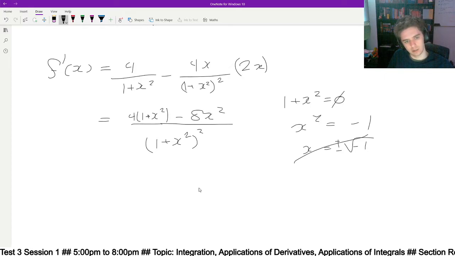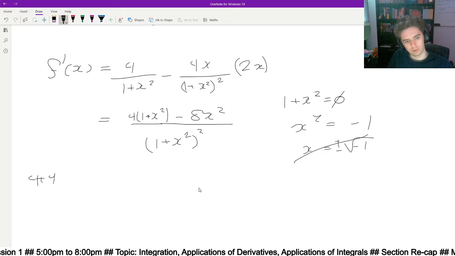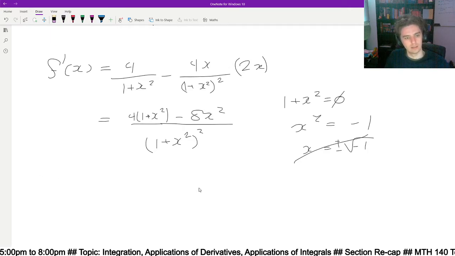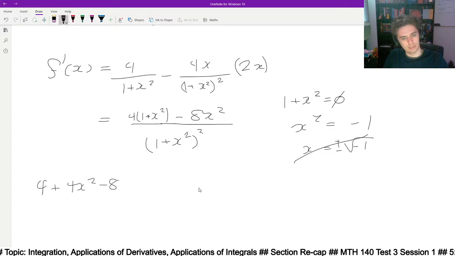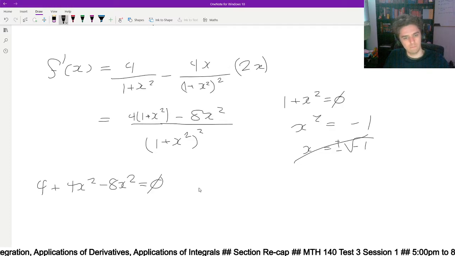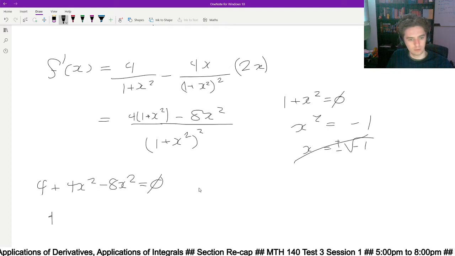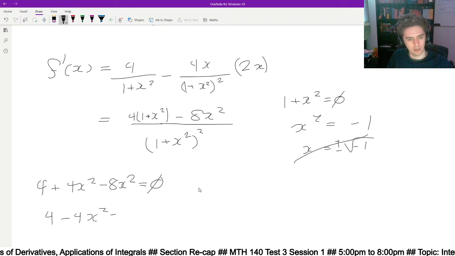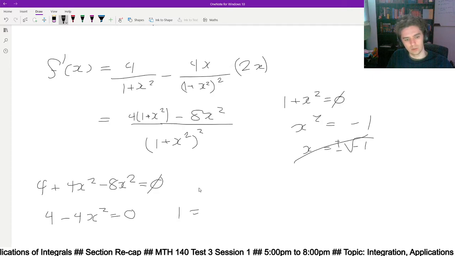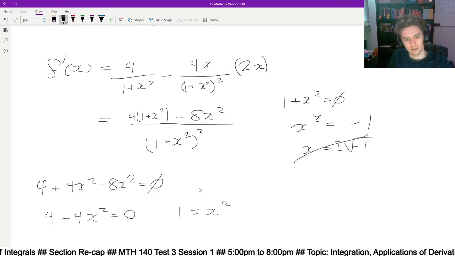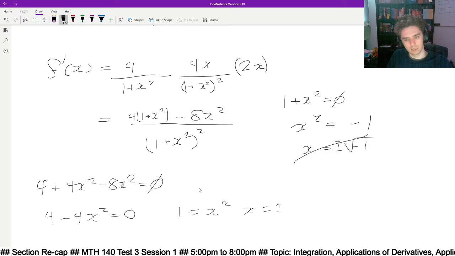Now we just check where it's 0. So where does 4 plus 4x squared minus 8x squared equal 0? So that's 4 minus 4x squared. Where does that equal 0? Where does 1 equal x squared? x equals plus or minus 1.